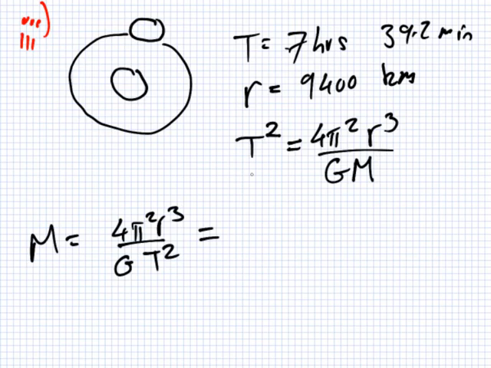Rats, we better convert that time into seconds. 39.2 minutes, there's 60 seconds in a minute.